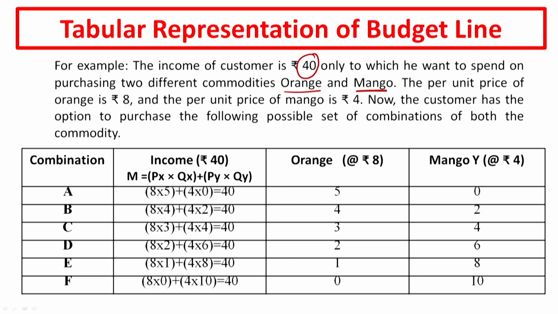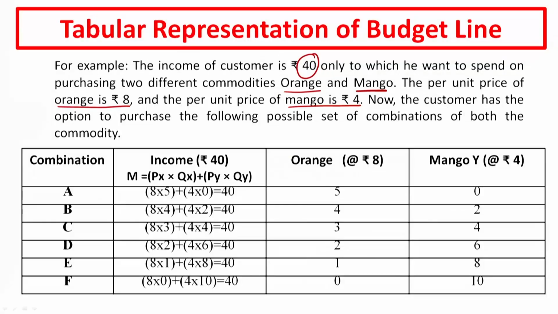The price of orange is 8 rupees and the price of mango is 4 rupees. So, you have to take two commodities, orange and mango, their respective prices given, and the income of the consumer is also given. What I explained: price line is equal to consumer income plus market price of goods.